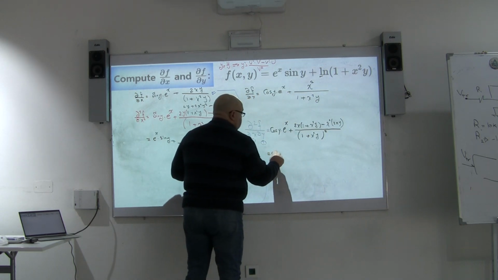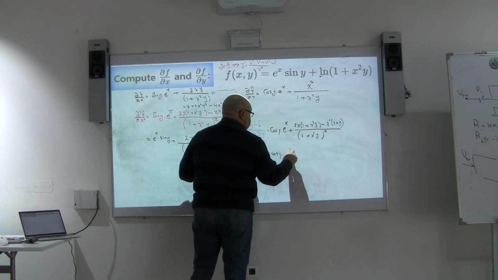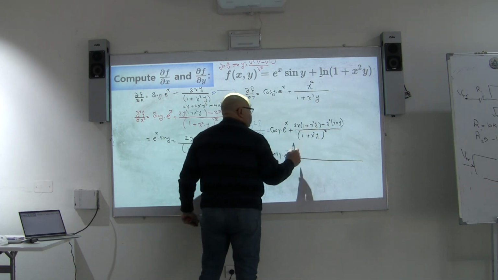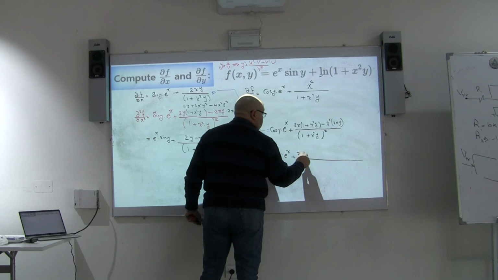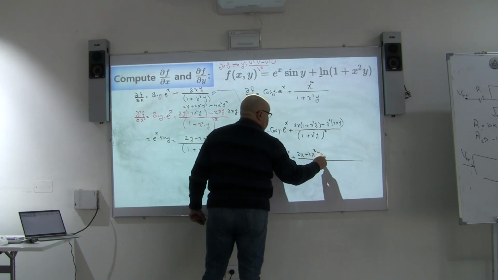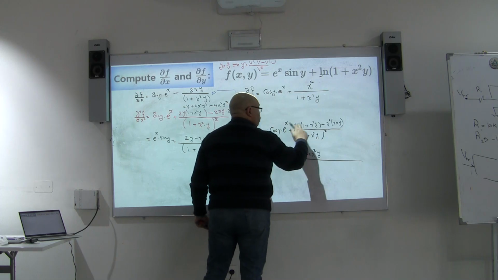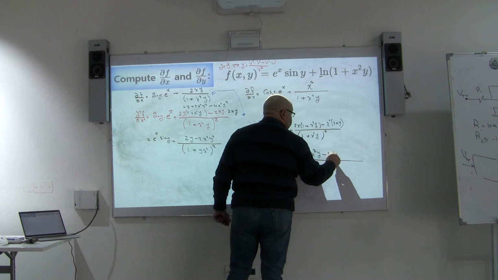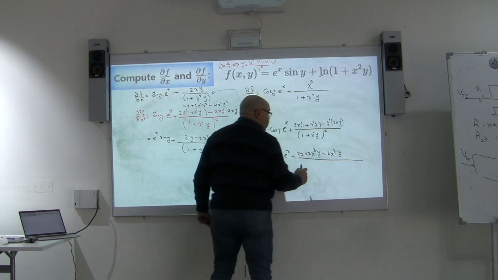It's going to be cosine y times e to the power of x, plus, expanding the numerator, 2 over x plus 2 over x cubed y, so 2x times 1, 2x times x squared. Then you will have negative 2 over x cubed times y, as you can see.